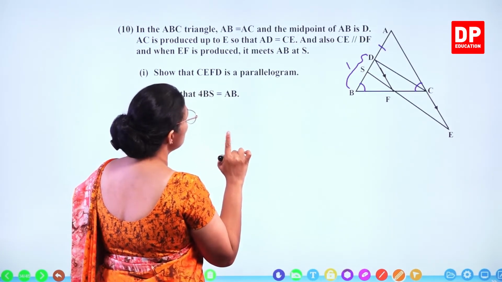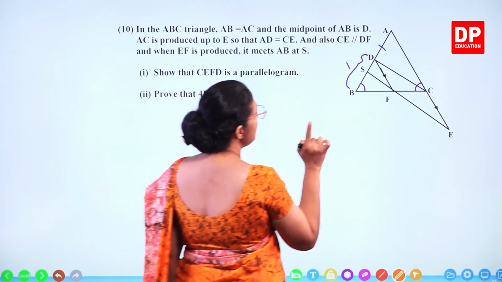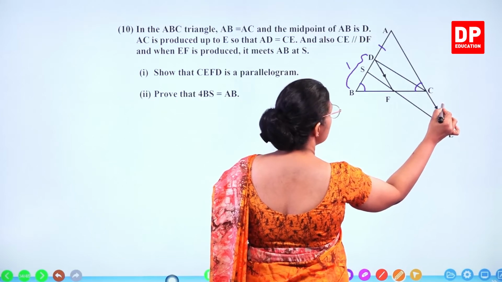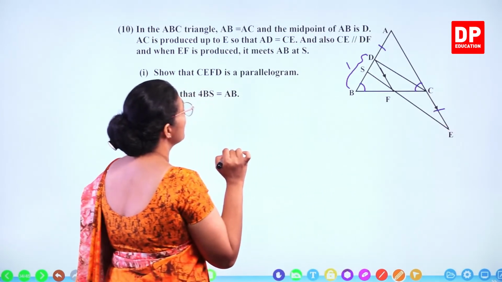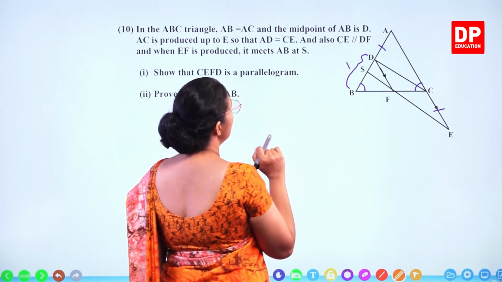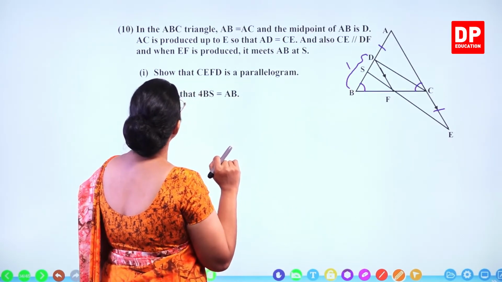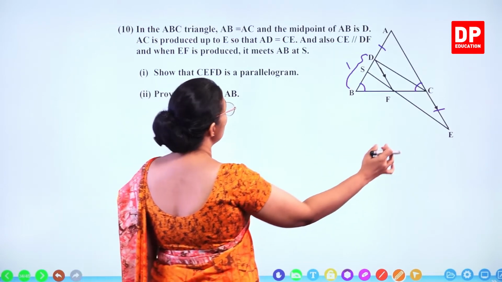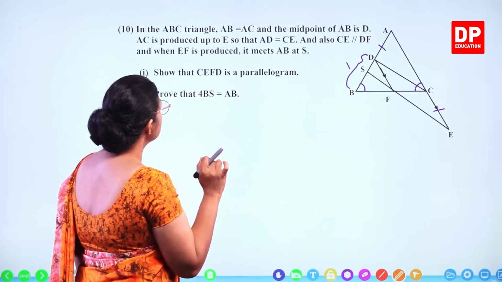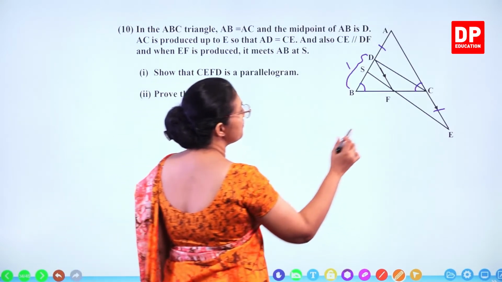AC is produced up to E, so that AD is equal to CE. So this is given. And also CE is parallel to DF. And when EF is produced, it meets AB at S. Show that CEFD is a parallelogram.